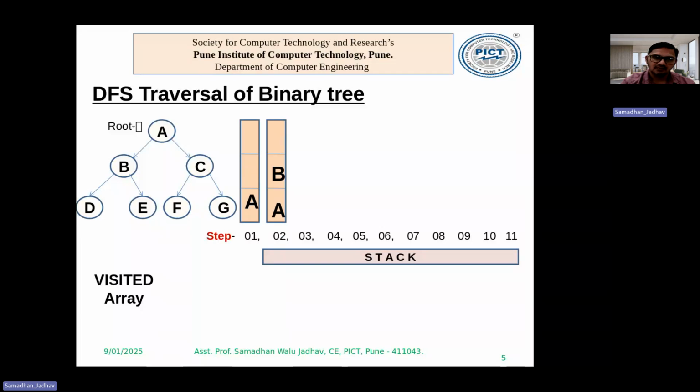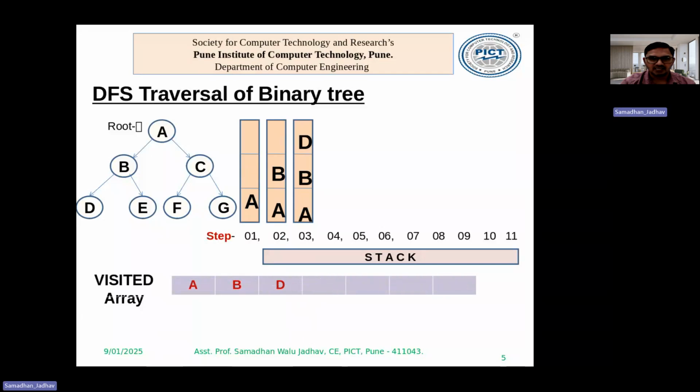B has D, which is unvisited, and E, which is unvisited. So we choose D and push it on top of the stack. Now we see A, B, and D are in the visited array, in the sequence copied from the tree.